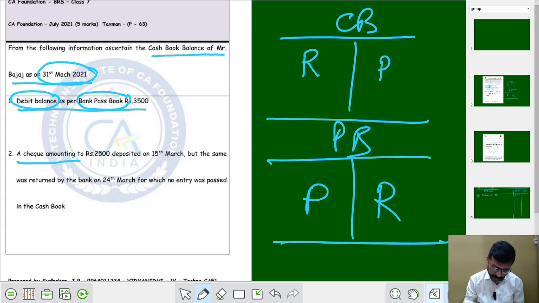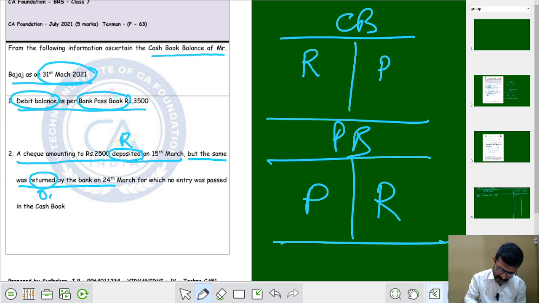Checks amounting to rupees 2,500 deposited. What do you mean by deposited? Receipt. On 15th March, within our financial year. But the same was returned by the bank. Returned means dishonor. Dishonored means payment.